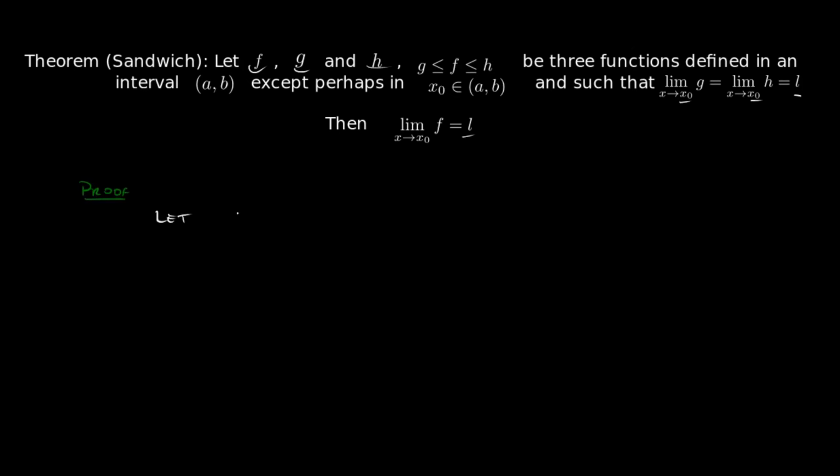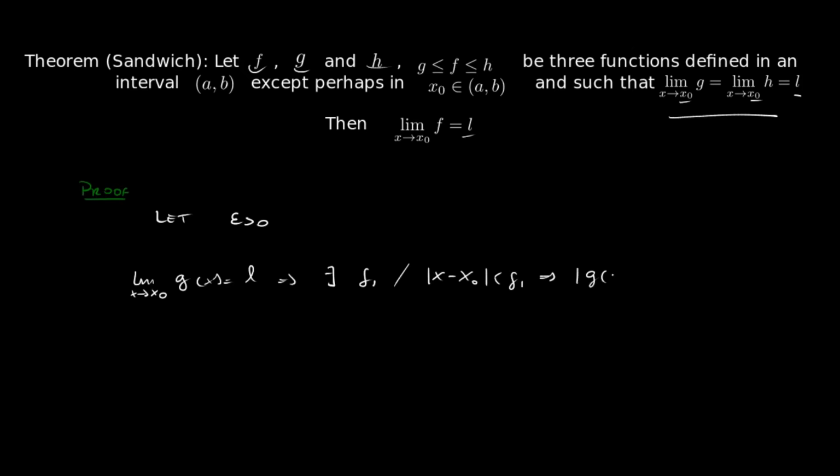We define first, as always, an epsilon greater than 0, and we write the definition of these two limits. The limit of g of x is L, so then there exists a delta 1 such that if |x minus x0| is smaller than delta 1, then |g of x minus the limit| is smaller than epsilon.